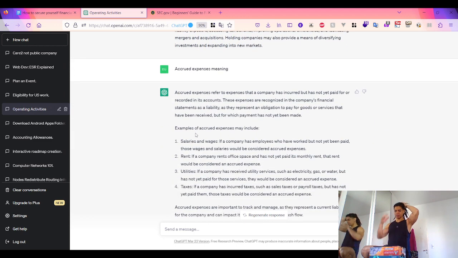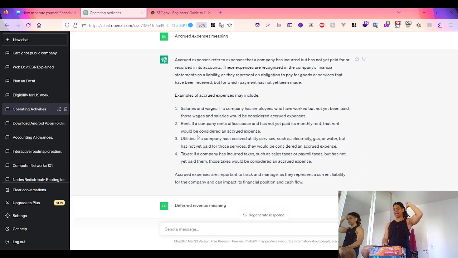So examples of this are salaries, rent, utilities, and taxes. Again, these are expenses that are not linked directly to the suppliers and vendors.